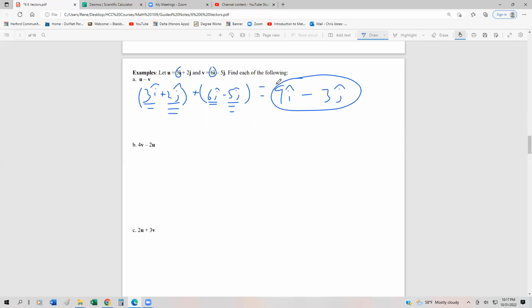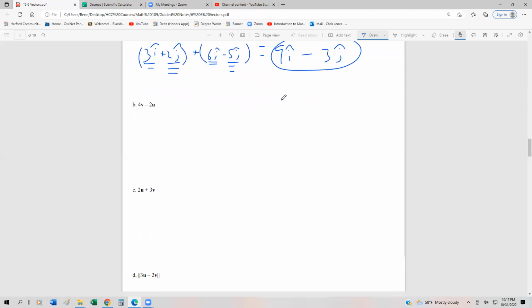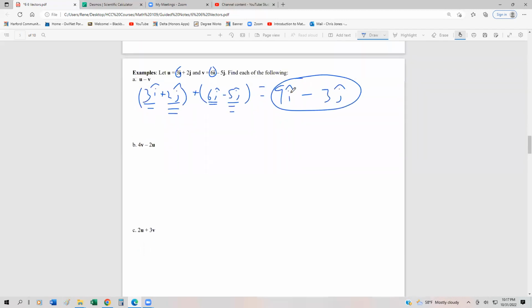Okay, so just like terms. If I had 4v minus 2u, then what I would do is start by multiplying. So I have 4 times 6i minus 5j, and then minus 2 times the quantity of 3i plus 2j.